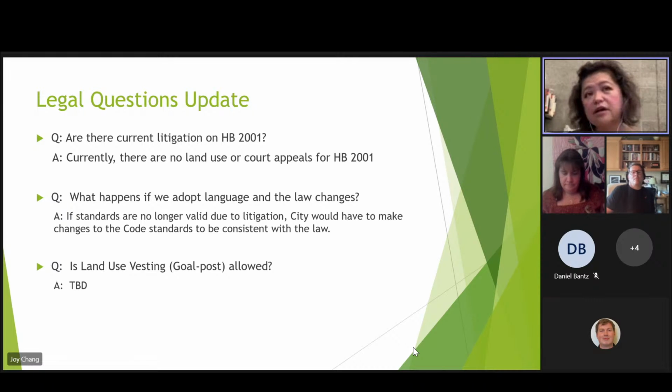The last question that I'm sure you would have asked is about land use vesting or goalposts. Josh sent me an email late this afternoon and basically said that he has to look into that. So there isn't a direction there yet.